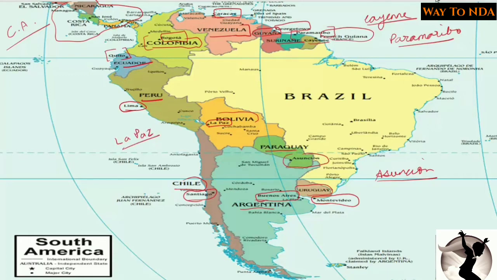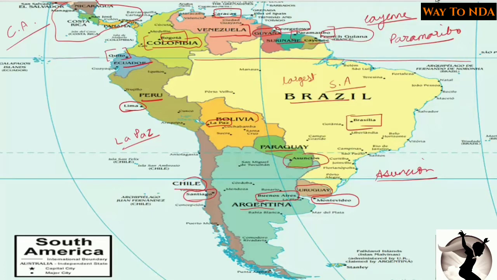And here we have Brazil, and the capital of Brazil is Brasilia. So these are the countries in the South American continent. Brazil is the largest country in South America.